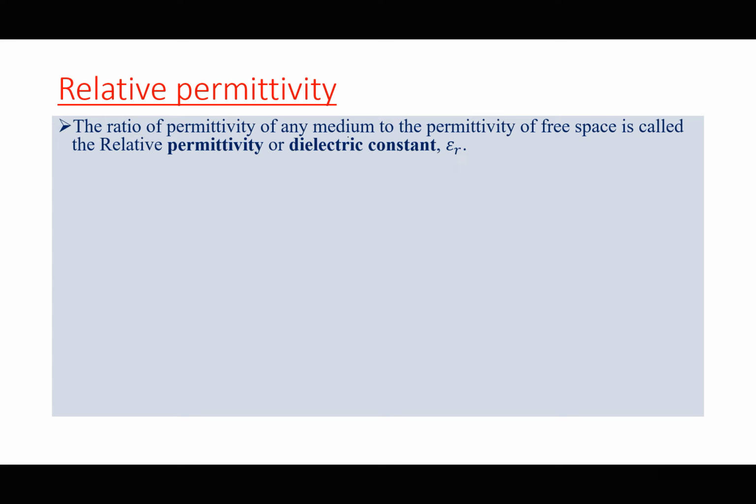Remember, permittivity of any medium is given as epsilon m, and the permittivity of free space is epsilon naught. The ratio of the two is called the relative permittivity of the medium.